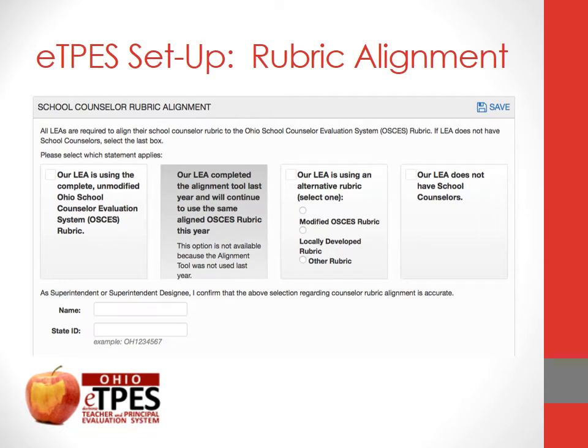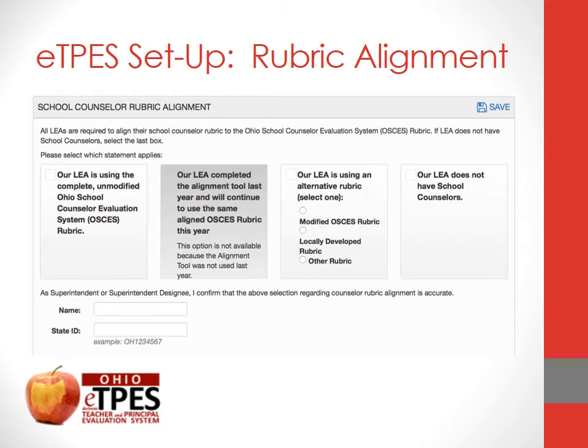As stated before, districts will need to choose if they're going to use unmodified rubrics for teacher, principal, and school counselor evaluation. If the district has used a modified rubric in the past, they will have an available choice to continue to use the modified rubric that was aligned previously. But because this is the first year of implementation for the Ohio School Counselor Evaluation System, there is no choice for using a previously aligned rubric.